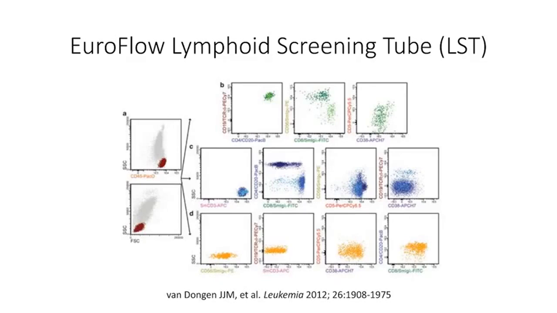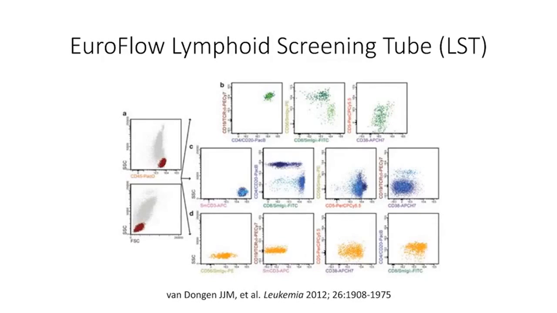We can gate using CD45 versus side scatter or even light scatter on the lymphocytes. Then if, for example, in this top row, we look at the B cells, which are bright for CD20 and bright for CD19, they, of course, split into kappa and lambda bearing cells, some of which express CD5.